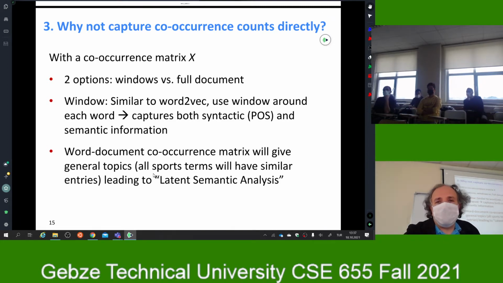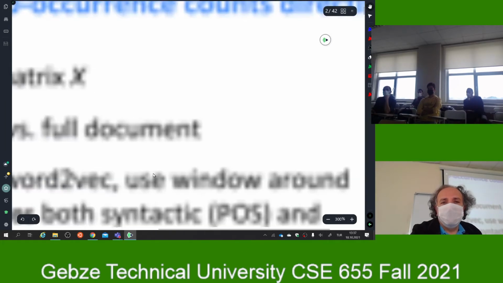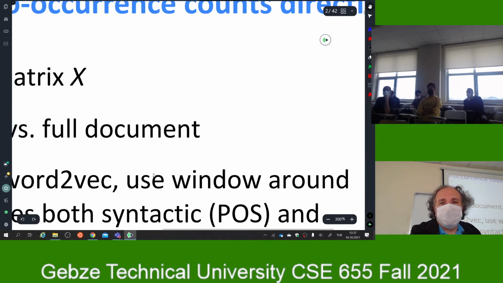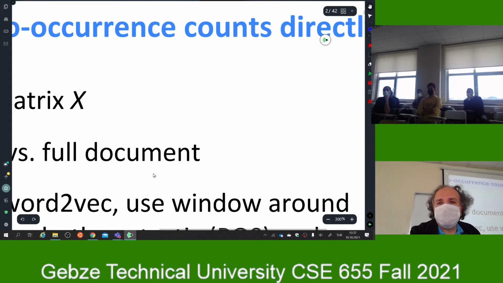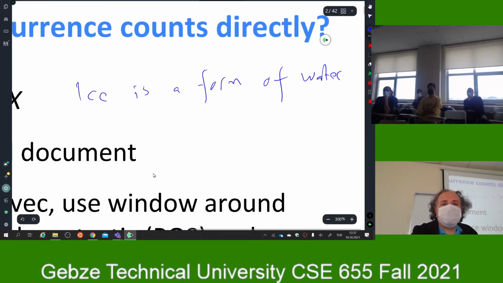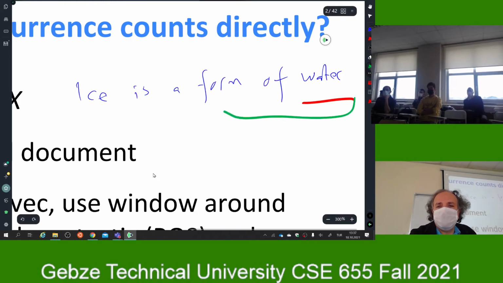So we are going to set up a window around each word. For example, let's say the sentence is: ice is a form of water. I take this word as the center word, and let's say my window is this much.